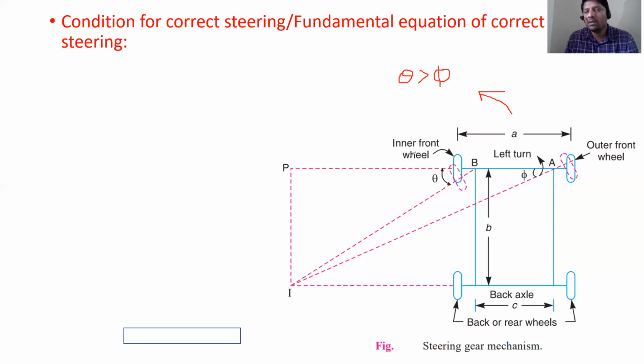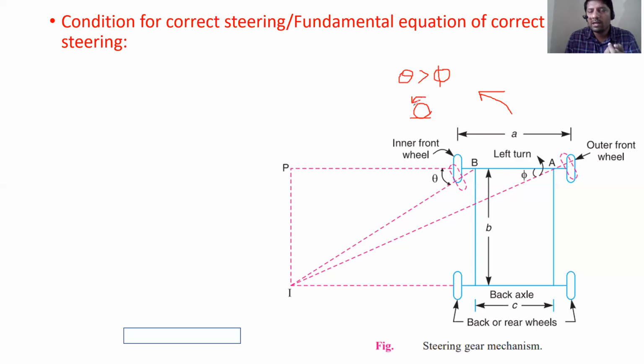You might have also observed this while drawing: when you try to turn the vehicle, if the vehicle is very old, it might slip the wheels. Instead of rolling, they start slipping on the road surface. Why does that happen? Because of this point, the ICR. If the ICR does not match for all the wheels, then your vehicle might slip instead of rolling.